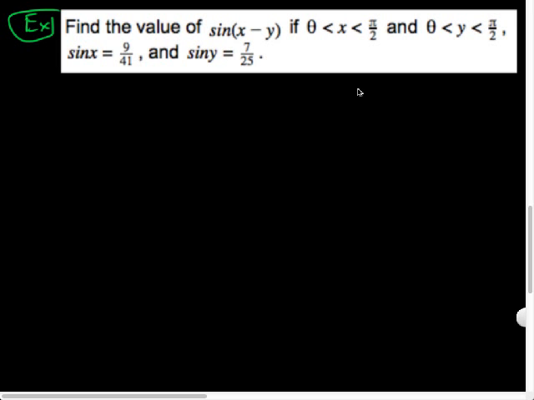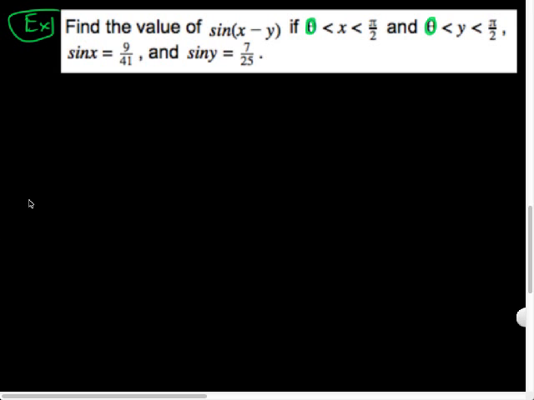Find the value of sine of x minus y if angle x is between, oh, that's supposed to be a 0, sorry. Those aren't supposed to be thetas. My bad. So x is between 0 and pi over 2, and y is between 0 and pi over 2.